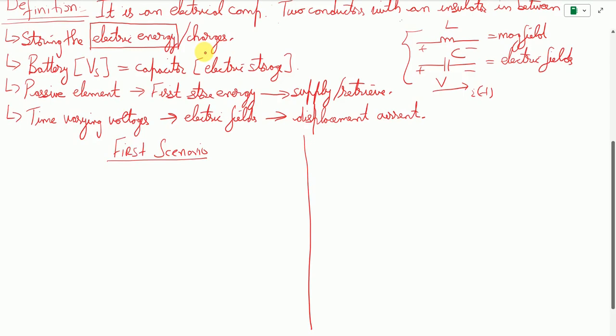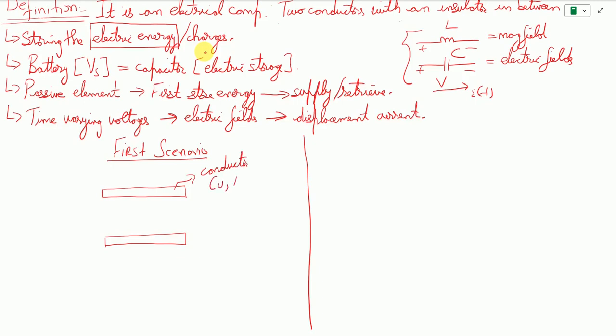Let us say I take any two conducting materials. So these are two conducting plates. This conducting plate or conductor can be made up of copper, gold, silver, or aluminum. You can take any conducting material. So these are the two conductors that we have taken, and in between these conductors, separated by a distance d, we have what we call an insulator.